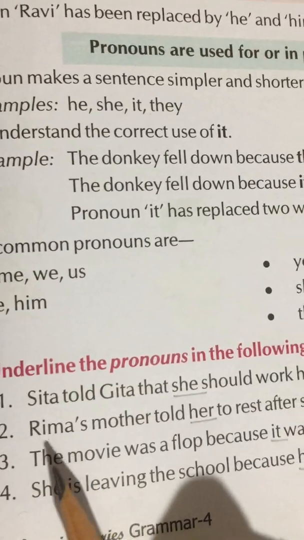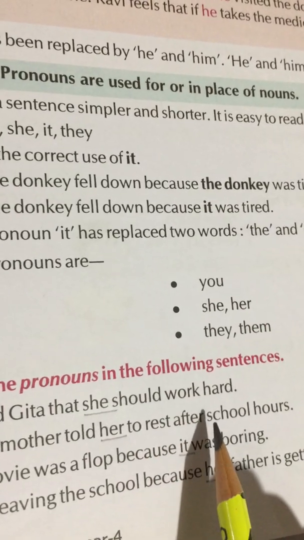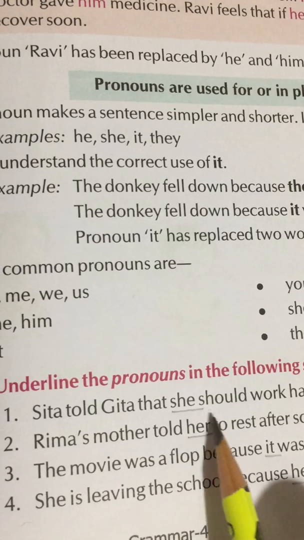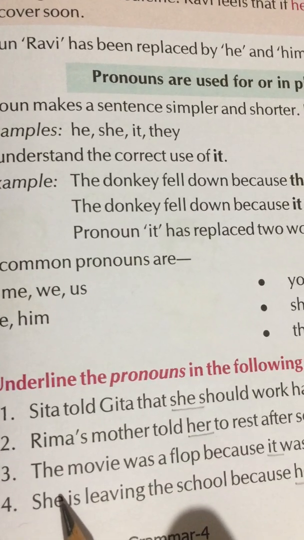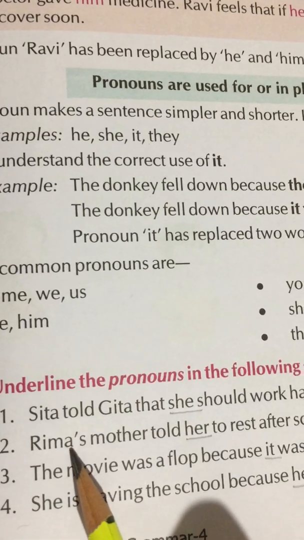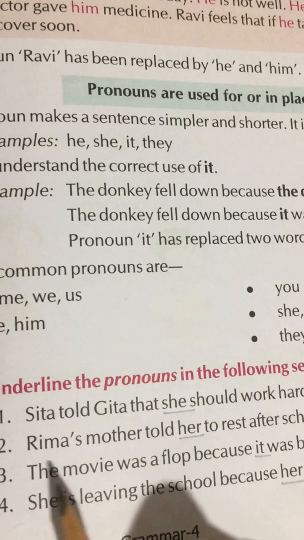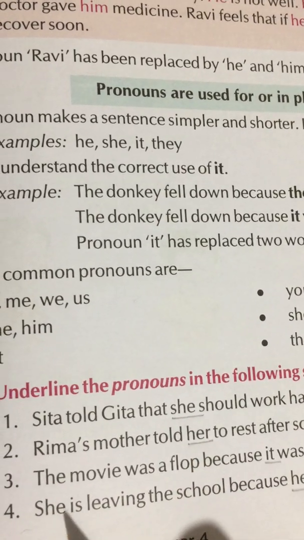In the same way, Rima's mother told her to rest after school hours. Now here, her is a pronoun. It has been used in place of Rima. Rima's mother told her to rest. So here, her is used in place of Rima.